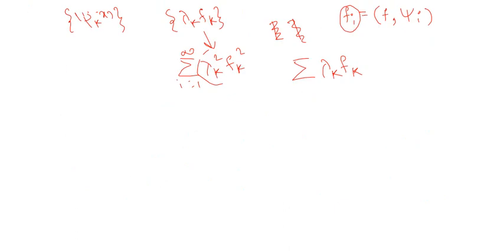In the Riesz-Fischer theorem it was this alpha i into phi i. But what are our alpha i's here? They are this lambda k into fk, and our phi i's are xi k's. So Riesz-Fischer theorem says that if this square series is convergent, this series 1, then this series will converge.